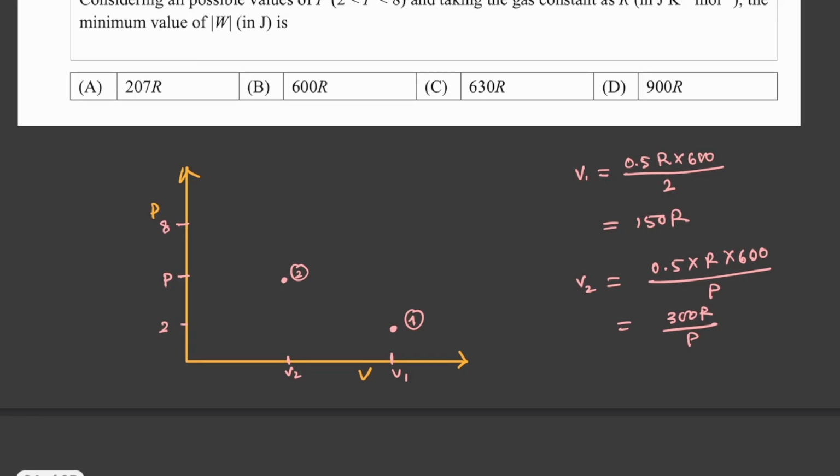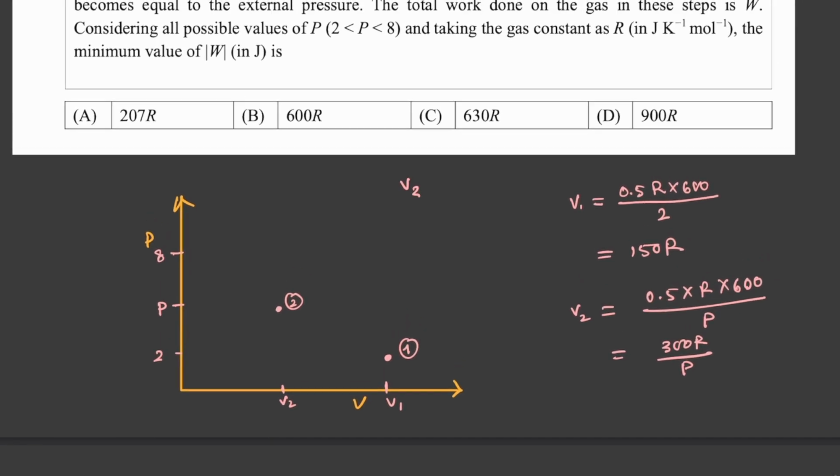And third one, here we are considering V3. V3 is at pressure 8. So it will be 0.5 into R into 600 by 8, which is 75 by 2 R. This is our third volume, V3, and this is our third state.